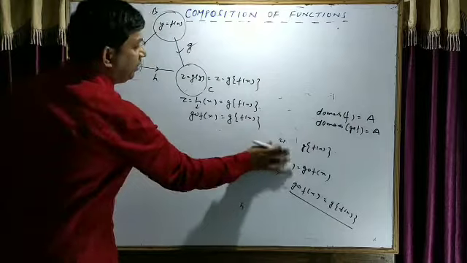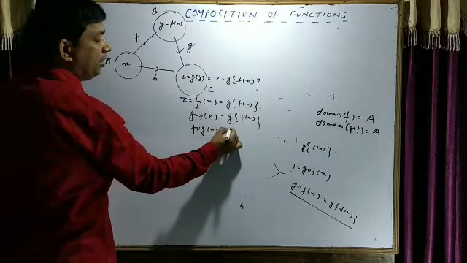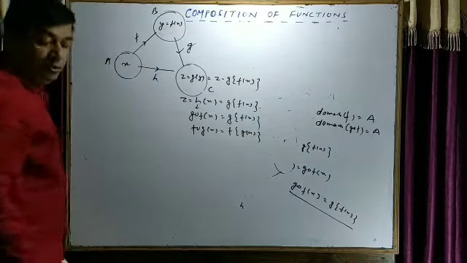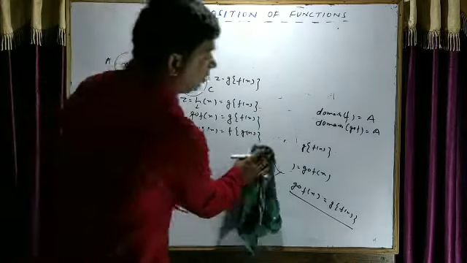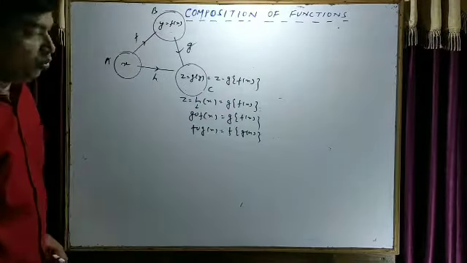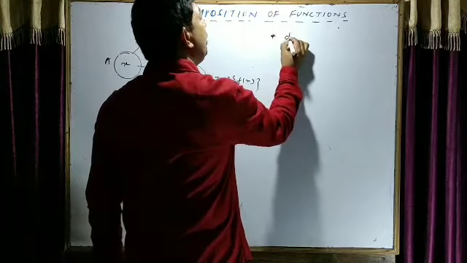Similarly, if I write f o g of x, then it is f of g of x. So this is the composition of two functions. Two things are very important.